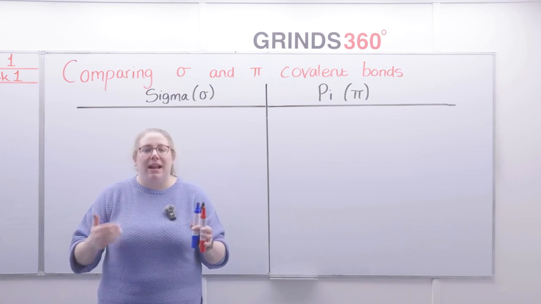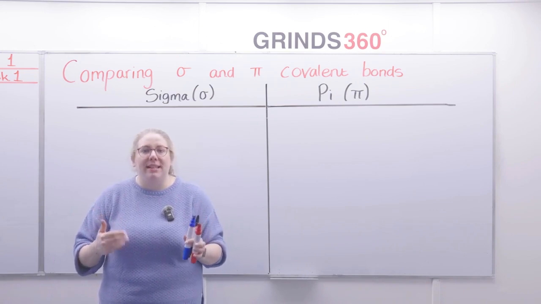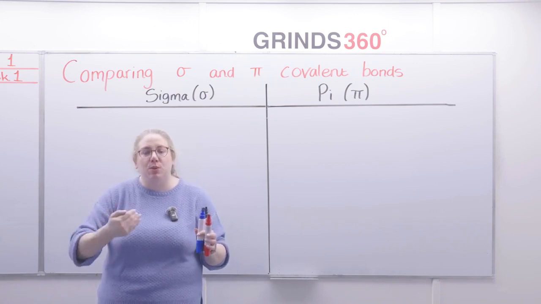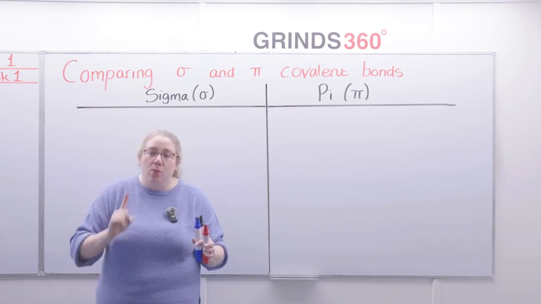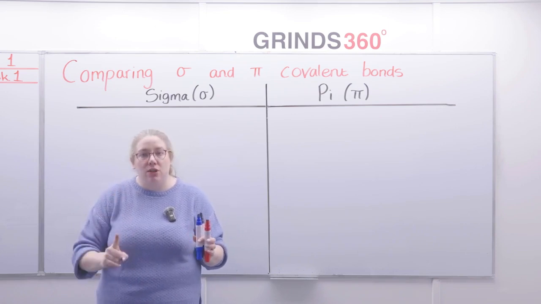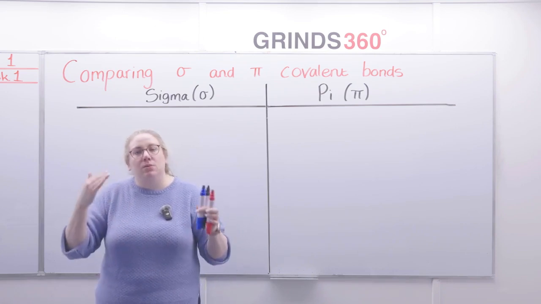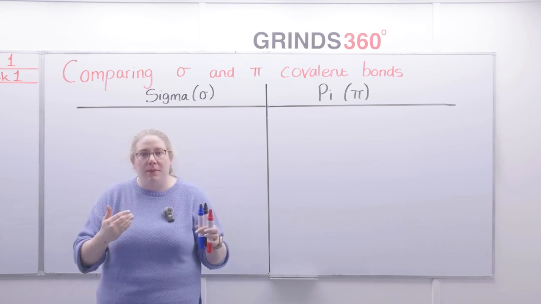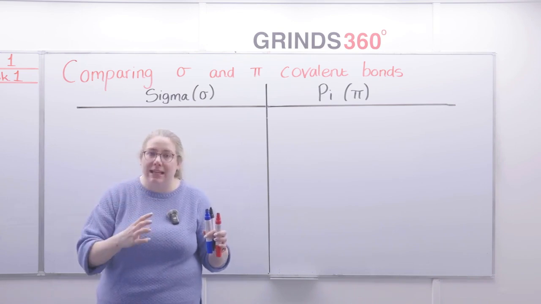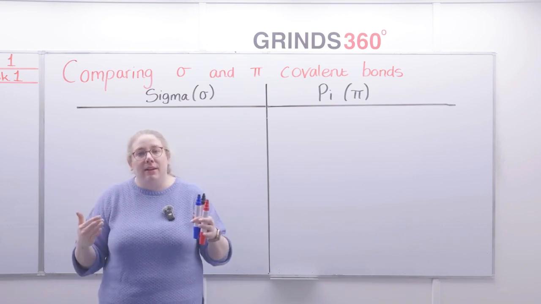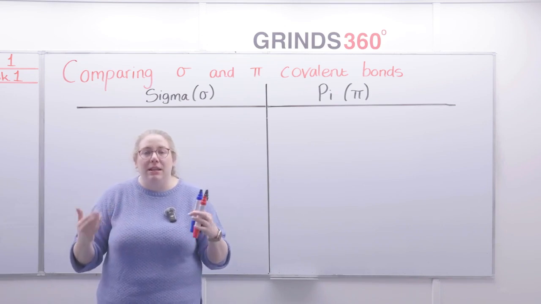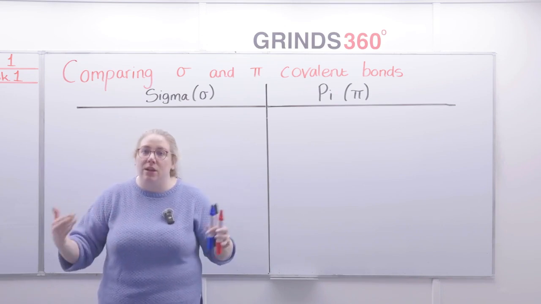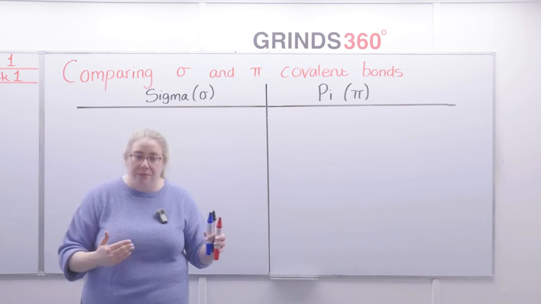If the examiner asks you a comparison question where they say, compare 2 differences between sigma and pi, the number one thing that you need to do here is to do a table. Because when you are comparing 2 things, you must give information on both of them, and the table will show you if you're missing anything. If you write this out in a paragraph style answer, it can be a little bit difficult to see have you given enough information to compare the 2.